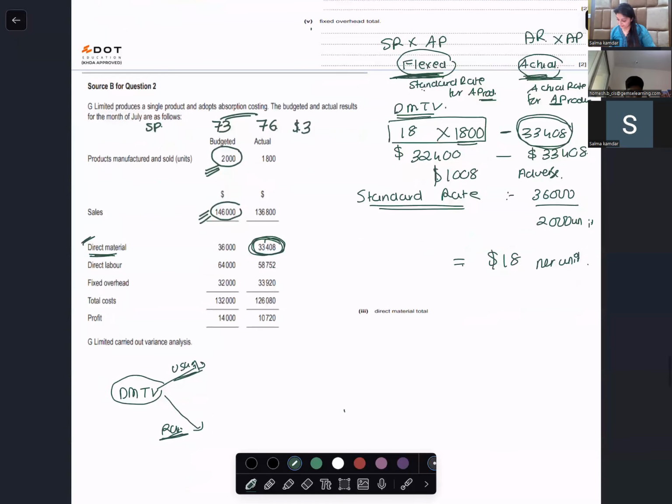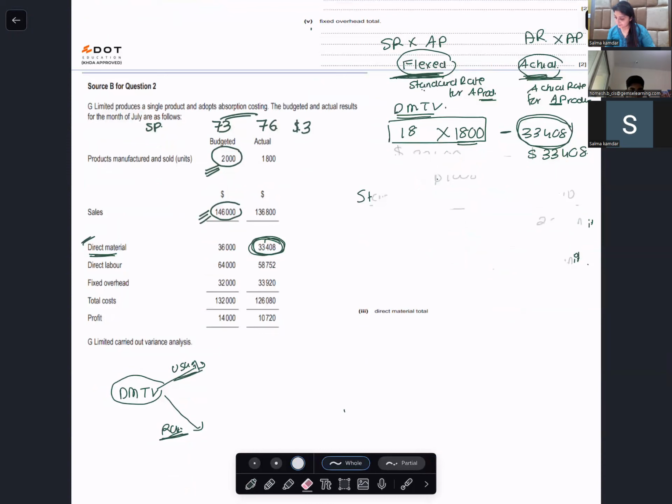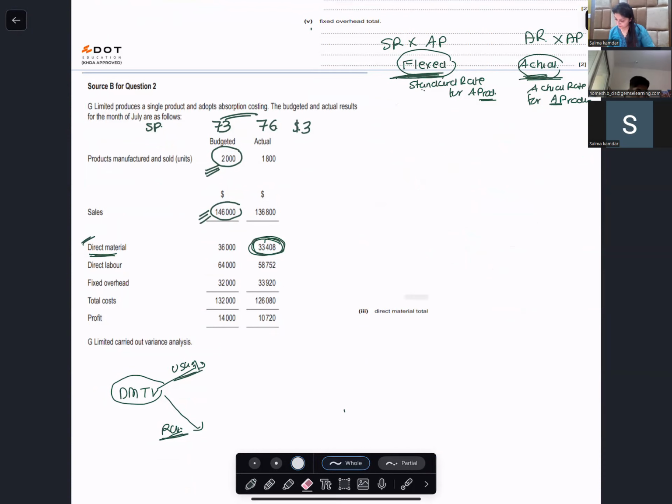So we're done with direct material total variance, right? Yes. Now what do they want us to find out? Direct labor total variance.